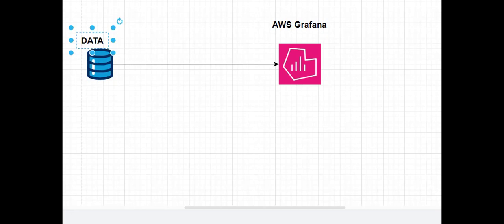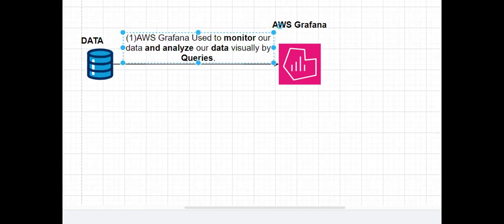So what is Grafana used for? AWS Grafana is used to monitor our data and analyze our data visually by queries. Right? Yes. So for this monitoring, do I need to provide and manage underlying infrastructure?